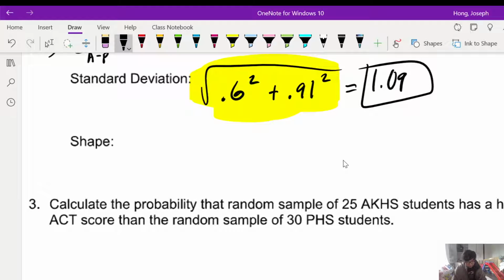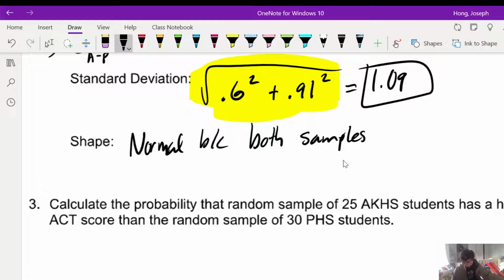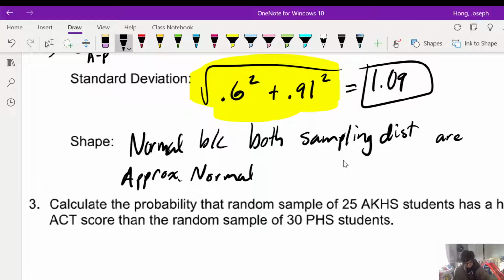And then our shape is going to be normal again, and that's because both sampling distributions are approximately normal. So of course you have to know that both of them are normal for you to assume the differences of your parameters are going to be normal as well.